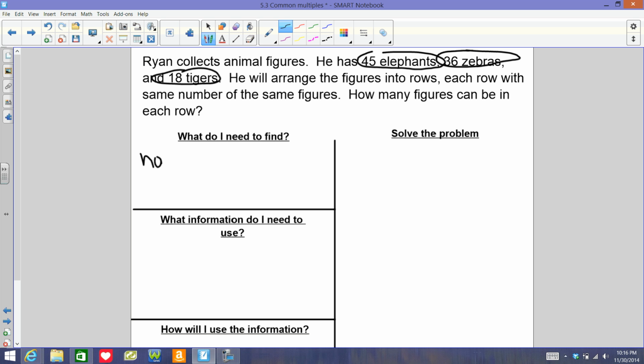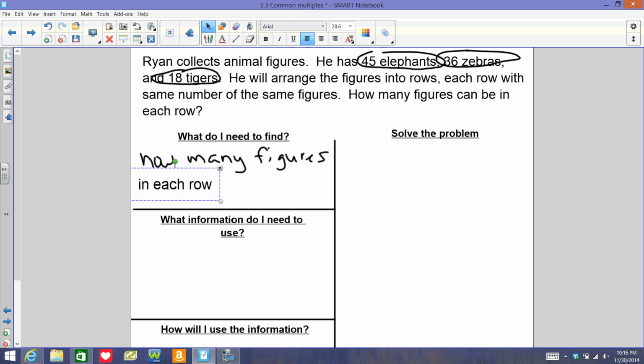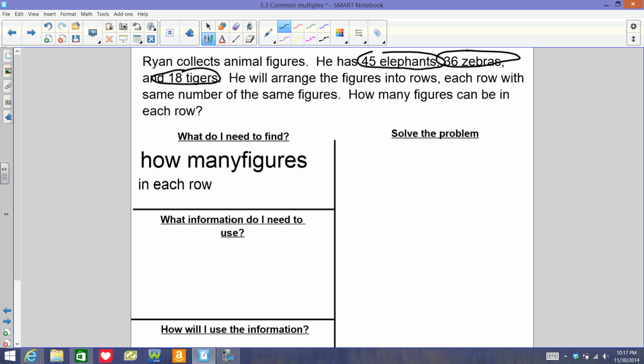How many figures in each row? All right, so we need to find out how many figures are in each row. What information do I need to use?